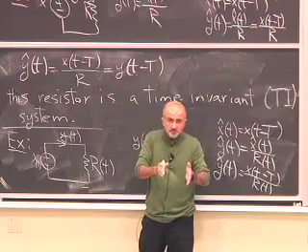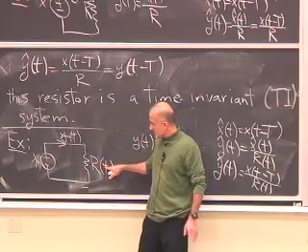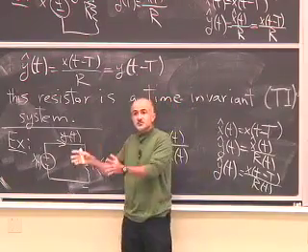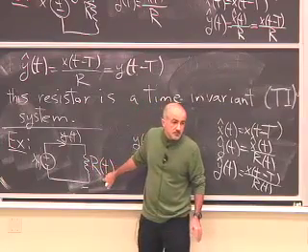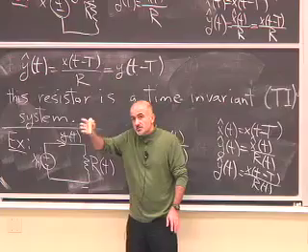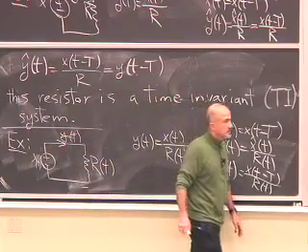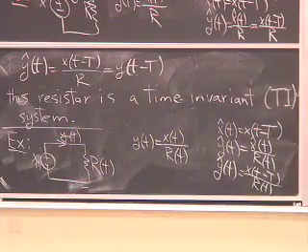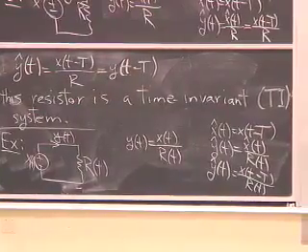The system now behaves according to some value of R, and the system 10 minutes from now will behave according to some other value of R. And so the properties of the system change as a function of time. And that's what we call a time-varying system.